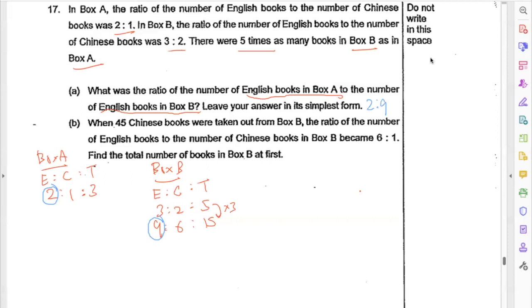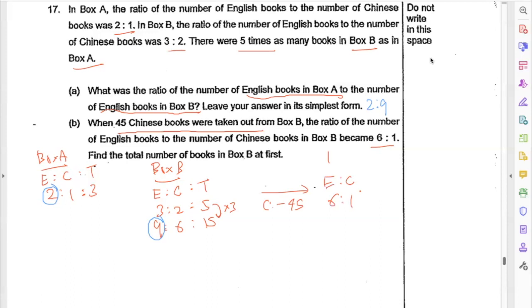Next, the question says there are 45 Chinese books taken out from box B. So let's focus on the box B ratio. 45 Chinese books were taken out. And as a result, it becomes 6:1. English to Chinese is 6:1.